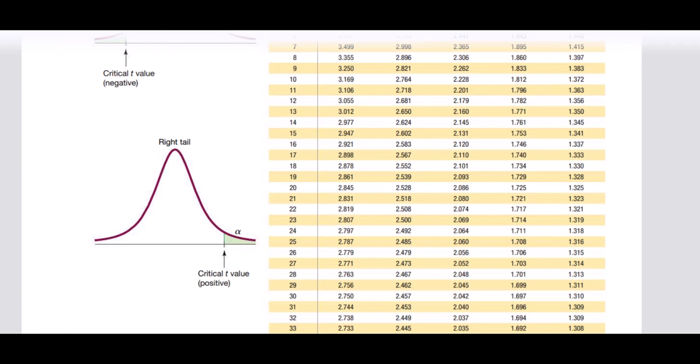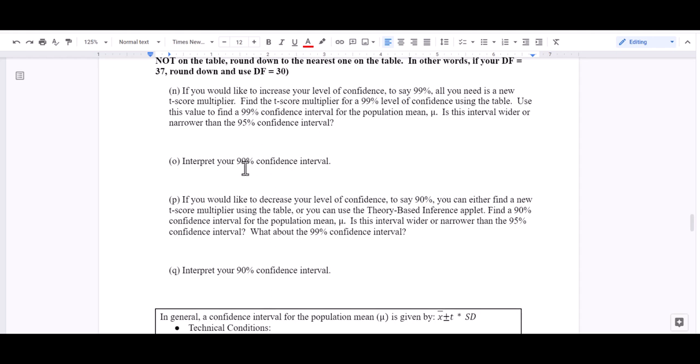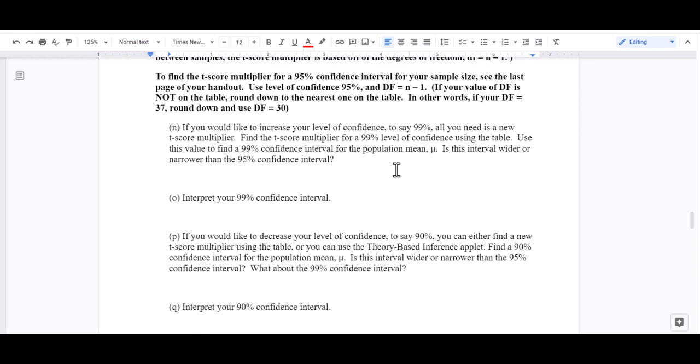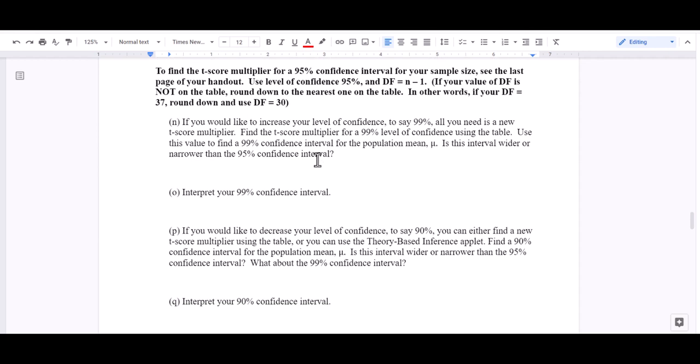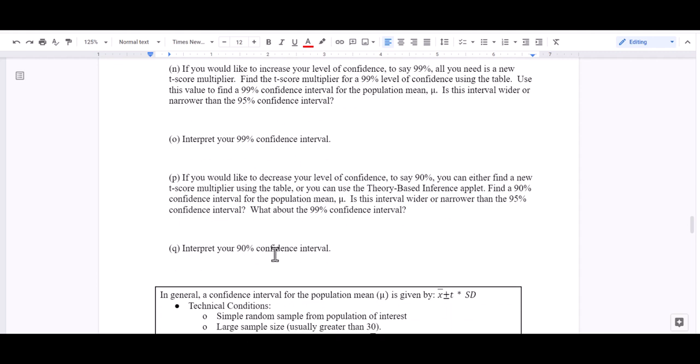And so now we could go back and find a 99% confidence interval for our sample. So go ahead and do that on your own. Find a 99% confidence interval. And what if you decrease your level of confidence? What I want you to do at the end of that is look at the confidence interval that we found together, 95%, versus the 99% and versus the 90% confidence interval.